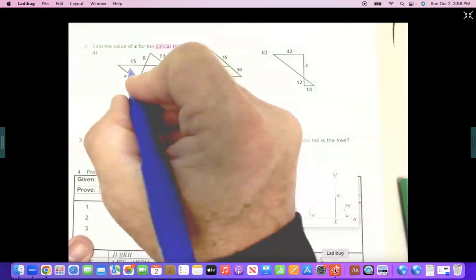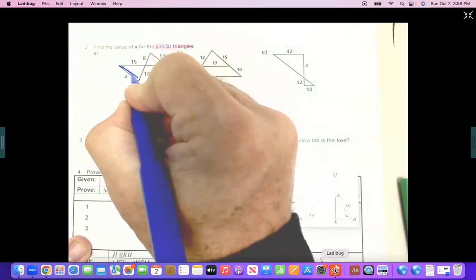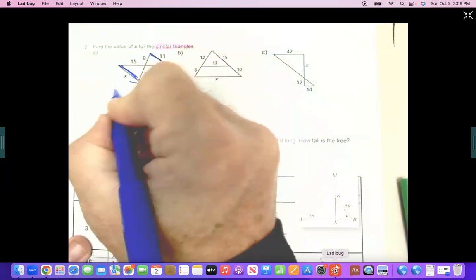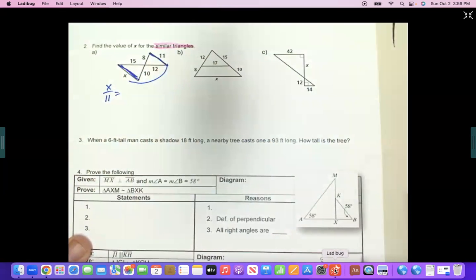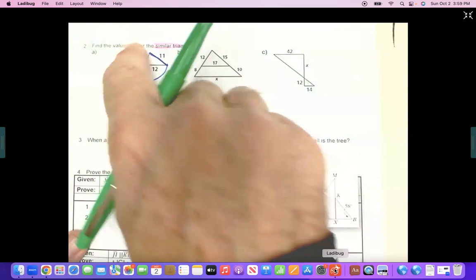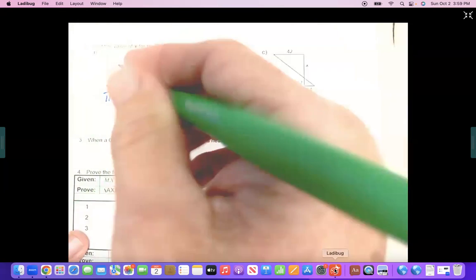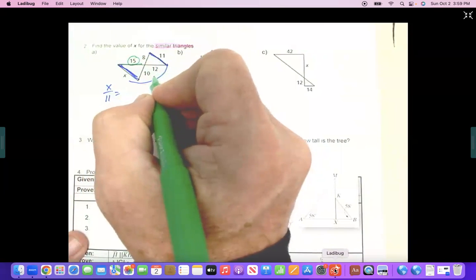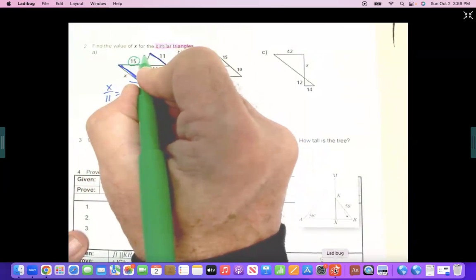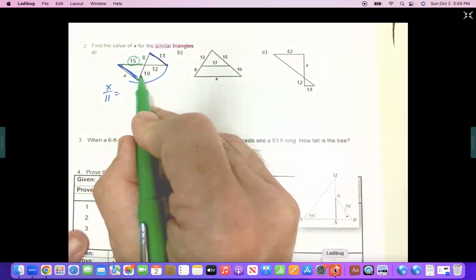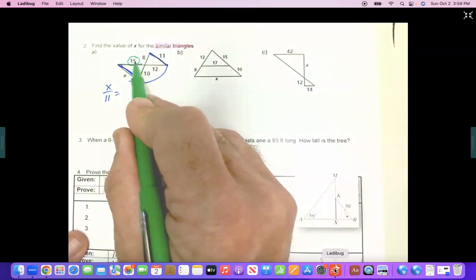You can pretty quickly see that we're going to compare x to 11. X is to 11, and now we have a choice between the 15 and the 12, or 15 and 10. And I'm just going to go ahead and choose the 15 and compare that to 15 and 10 from this triangle.